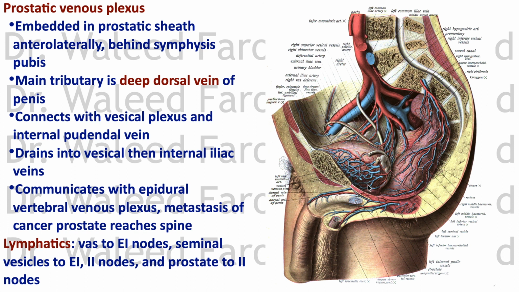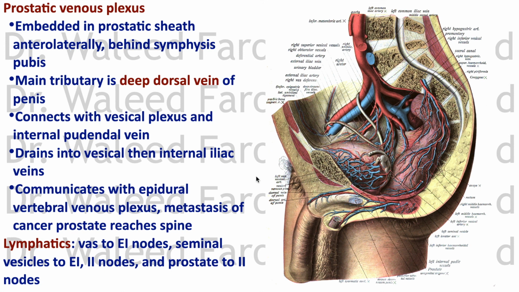That's how the metastasis from prostate cancer spreads to the vertebrae. Okay, there are different ways that prostatic carcinoma spreads. This is one of them, through the blood, through the connection with the external vertebral venous plexus.